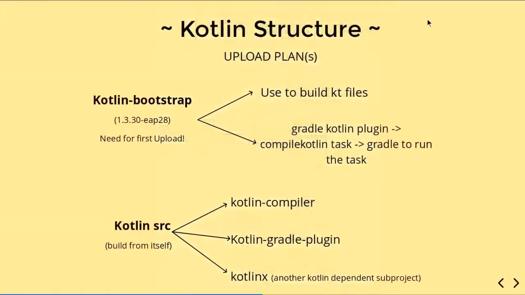But we can't upload the Kotlin bootstrap package to the Debian archives. Kotlin bootstrap contains pre-built binaries, which doesn't make it suitable to upload. That's why we had a meeting with my mentors, and Ebourg helped me with an upload plan. He suggested that the main objective should be to build Kotlin from itself.